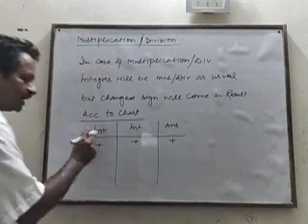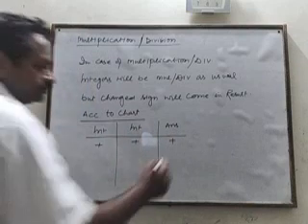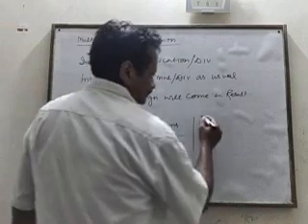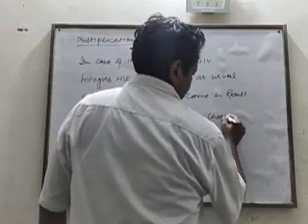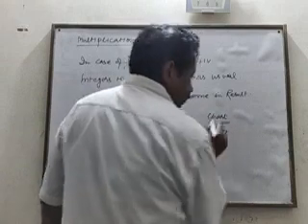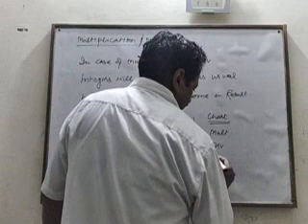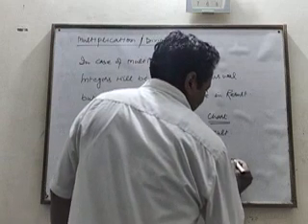So this chart is for multiplication, division as well as combined sign. This chart is to put the sign for multiplication, for division and for combined sign.